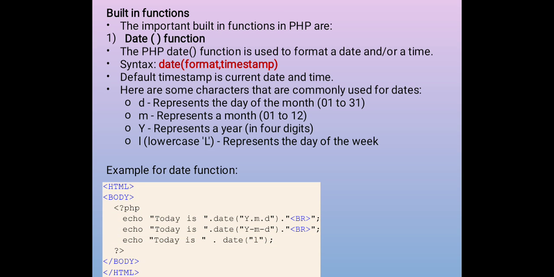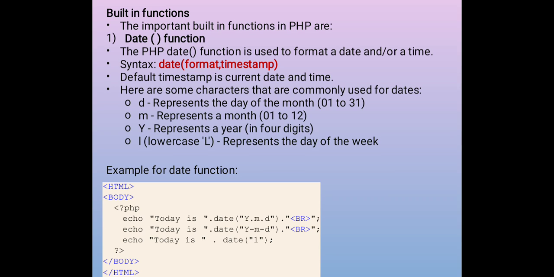And an example: HTML, body, PHP, echo "Today is " . date("Y.m.d"). That is the format of the date, Y.m.d. And next, echo "Today is " . date("Y-m-d"), the next format of the date.